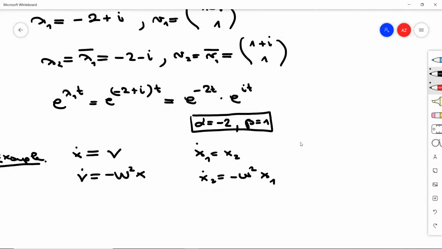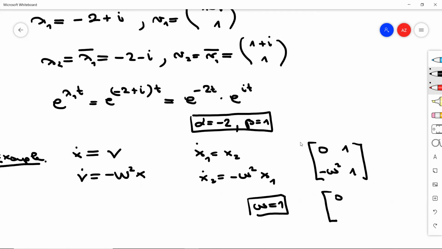So our matrix is then 0, 1, and then minus w squared, 0. And I will take w to be 1 in the example. So our matrix will be, in fact, 0, 1, -1, 0.